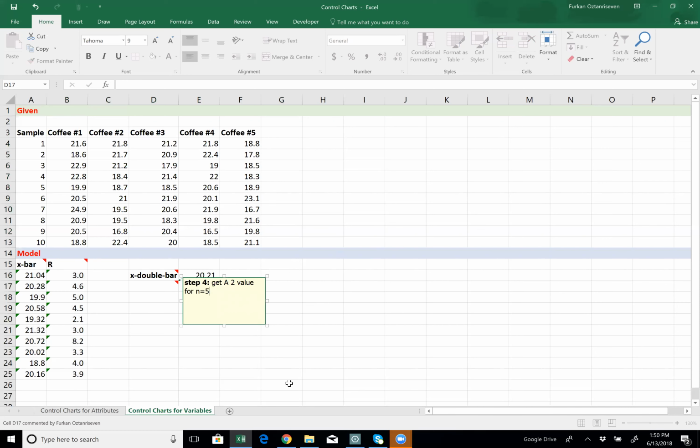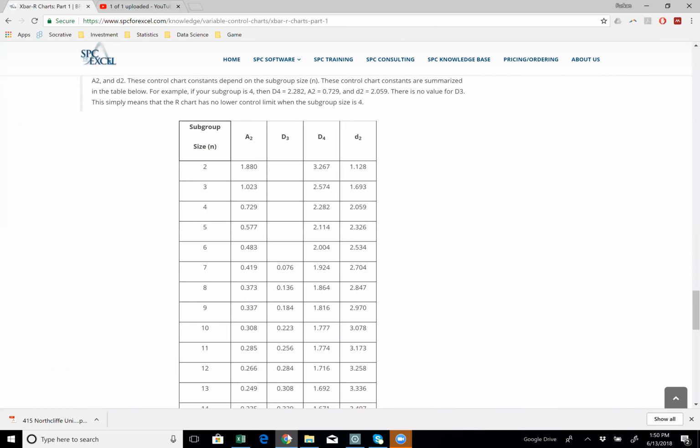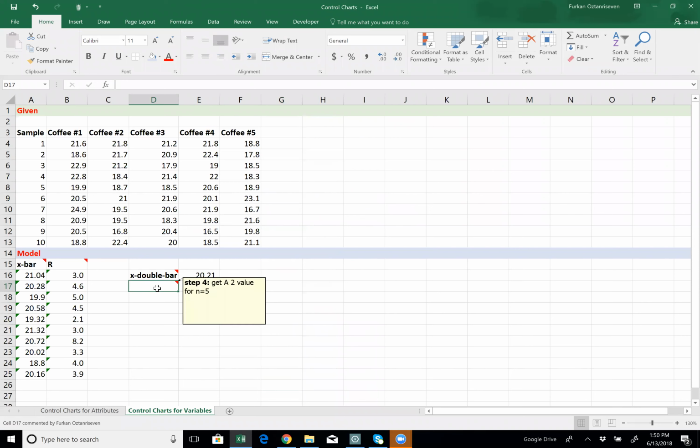I will just Google control charts for variables, and I got this table right here. You can find the same values. I'm using SPC Excel in this case. So my sample size is 5, and the A2 value is 0.577. That's my A2 value, and this is my step number 4.